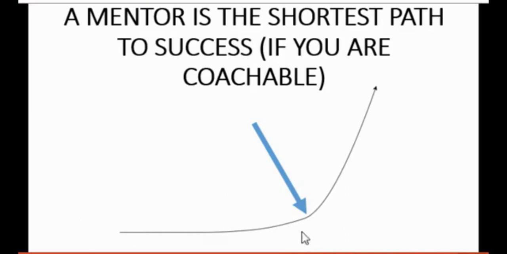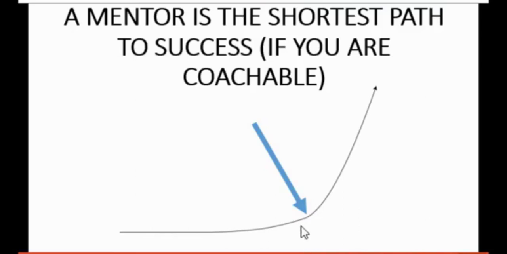Everyone's journey is different, but definitely the fastest way to get to this point is to have a mentor and actually listen to what they say, actually do the things that they're telling you to do, even if it feels uncomfortable. And that's something I definitely struggled with a lot when I first started, but I'm pushing through that now and starting to see results because of that.